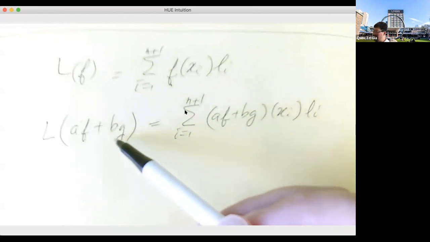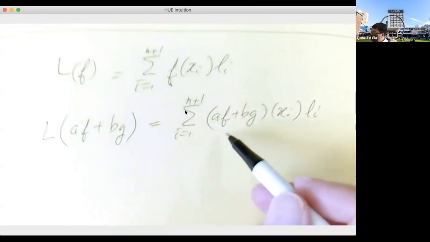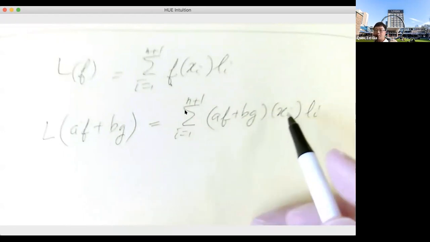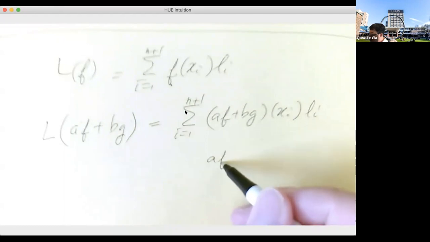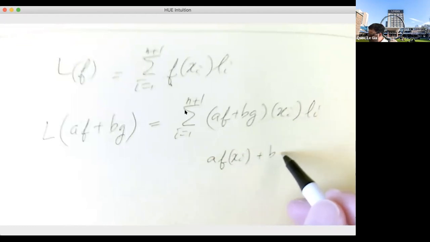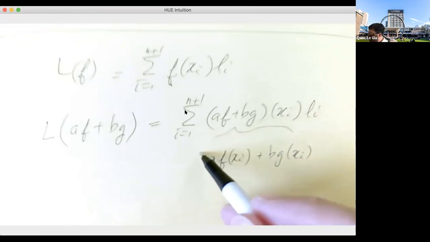And now, because this is just a sum of two functions applied to a point, you can write it down as a sum of af(xi) plus bg(xi).